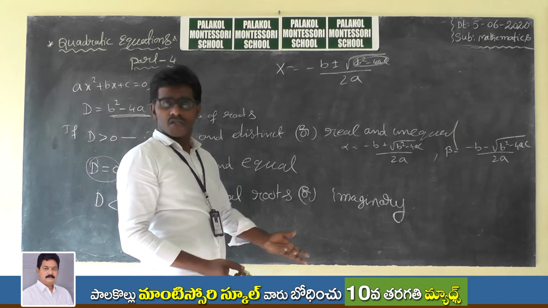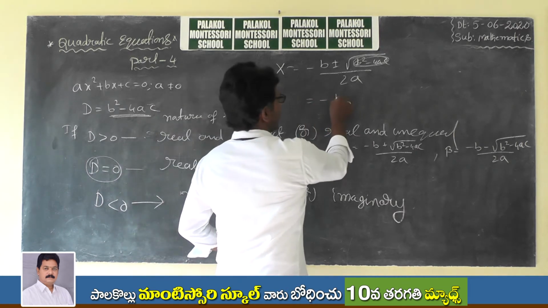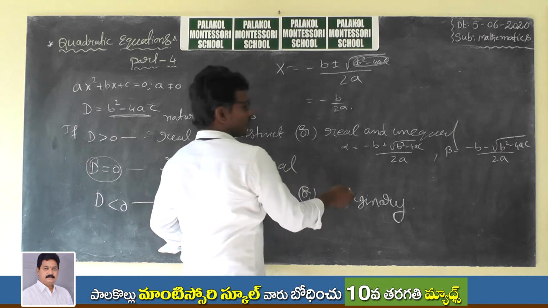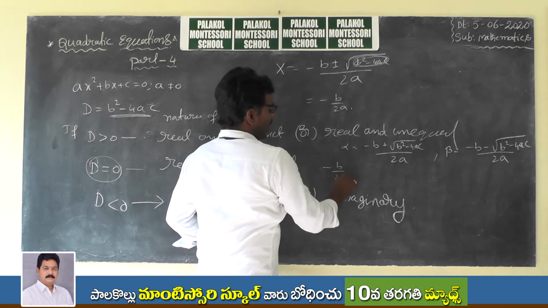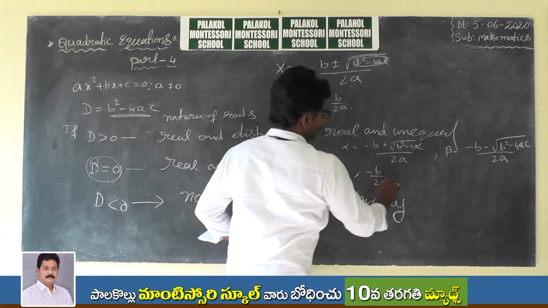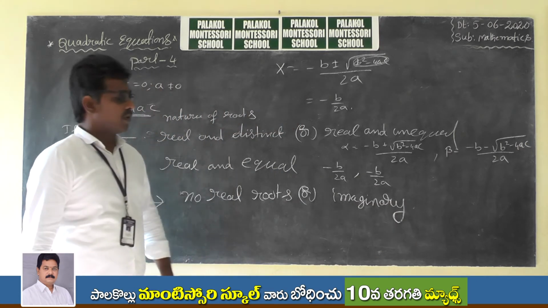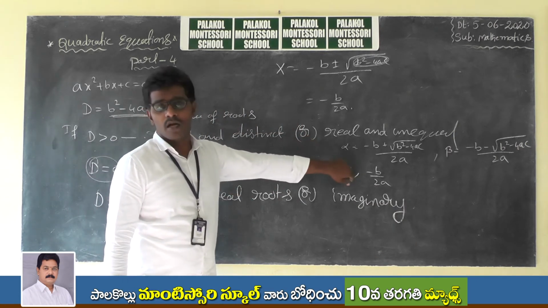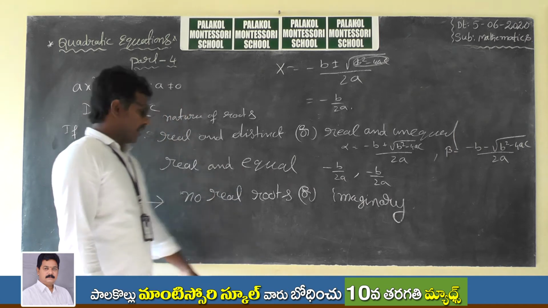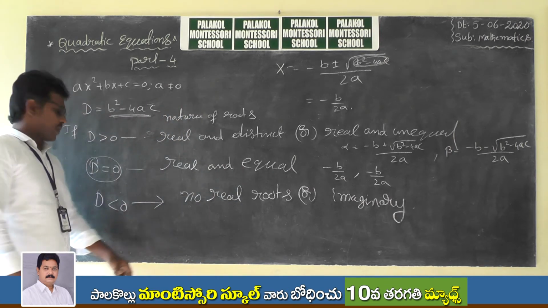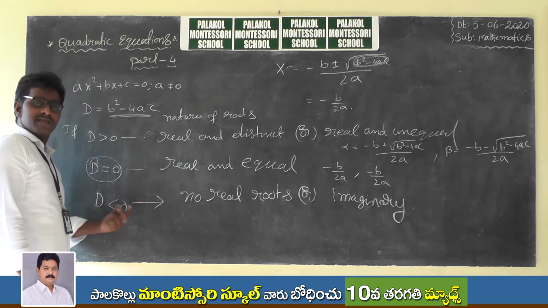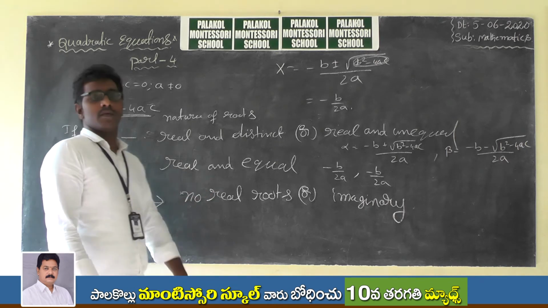Root 0 means 0. What remains here is minus b by 2a. So the roots are minus b by 2a, comma, minus b by 2a. Right, here there are no real roots. Why? Because D is less than 0.